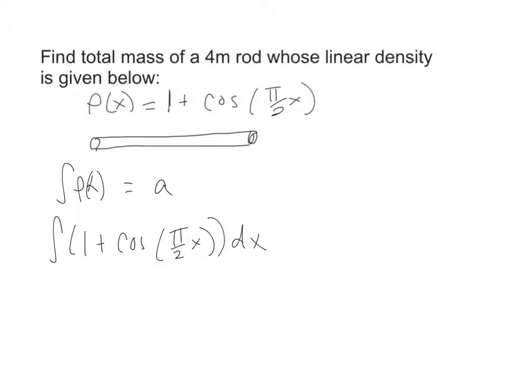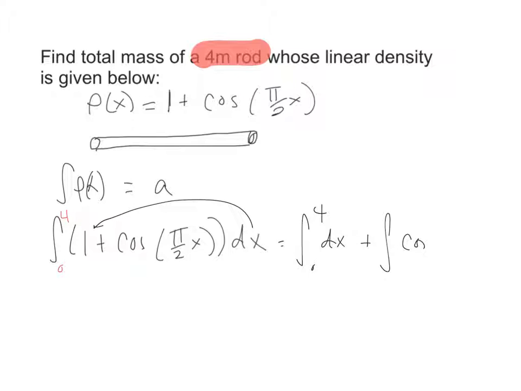And we need some bounds, and that's where this 4 meters comes in. 4-meter rod. So we're taking this from 0 to 4. And to do this, we're going to need to integrate two separate ones. We'll need to integrate dx from 0 to 4, and the integral of cosine of pi over 2 x dx from 0 to 4.